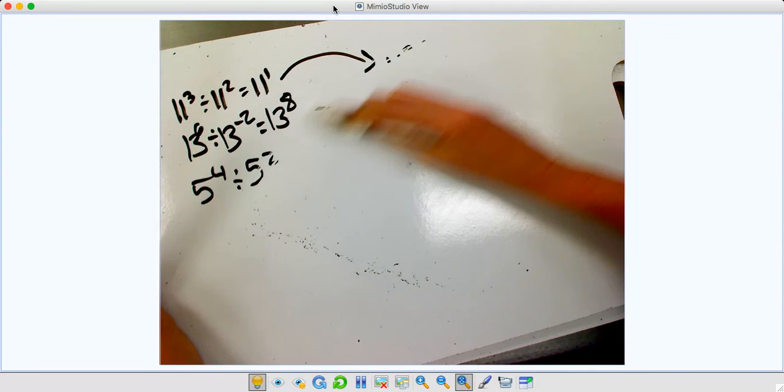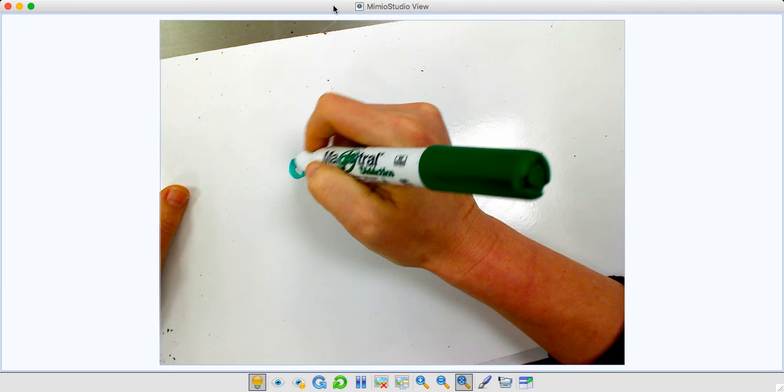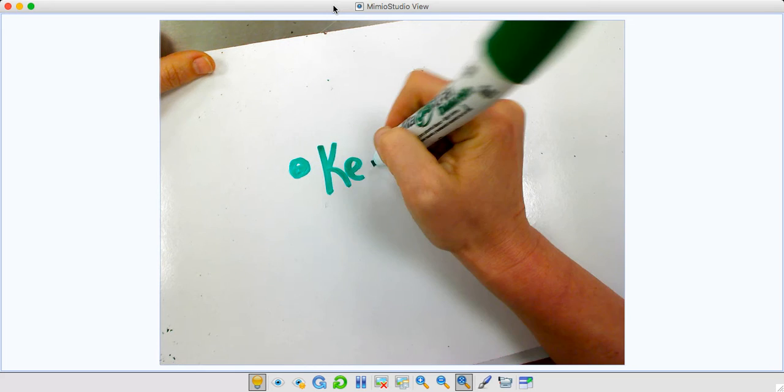So let's review what that pattern is that we're seeing. With the quotient of powers law, you have the same base.